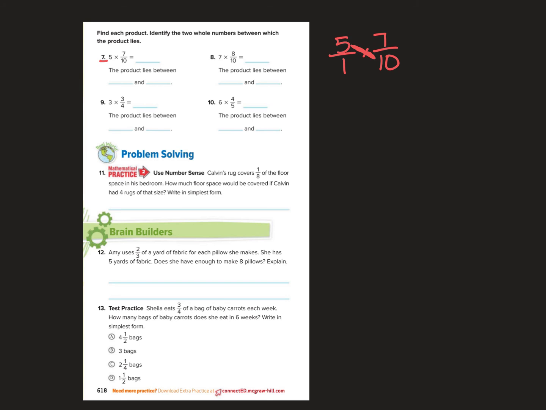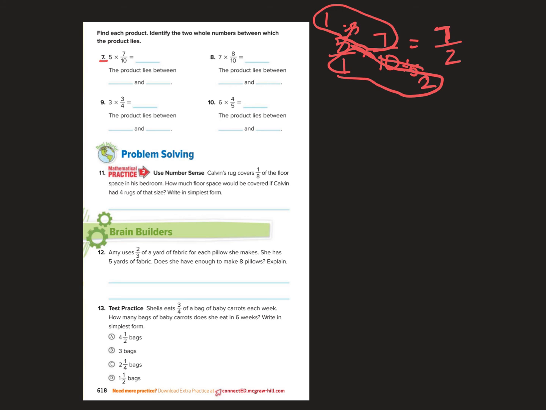What I can do is simplify. I can divide by 5, divide by 5, cross out, I'd get a 1 and a 2. So now I'm multiplying 7 times 1 and 1 times 2 to get 7 over 2.